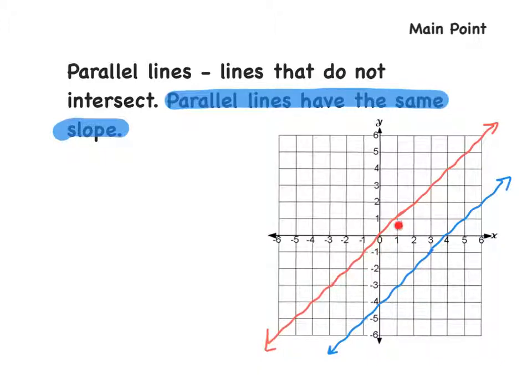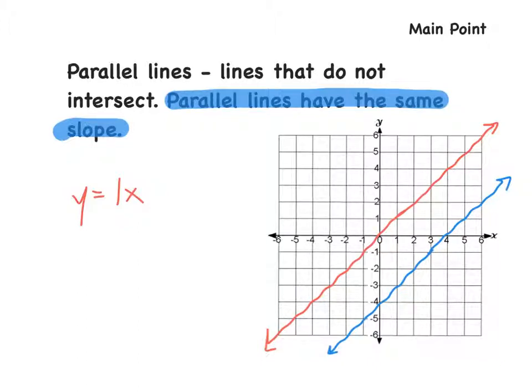If we write the equation of this line, the equation would be y is equal to 1x, with the slope of 1, because we rise from the point, rise 1, run 1. So it's 1 over 1, which is just 1.